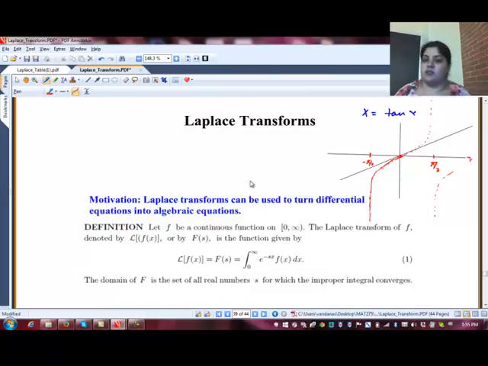So there are so many solutions. Now Laplace transform is converting a differential equation into an algebraic equation, and then we are left with solving equations which involve x. That's what we will be solving.